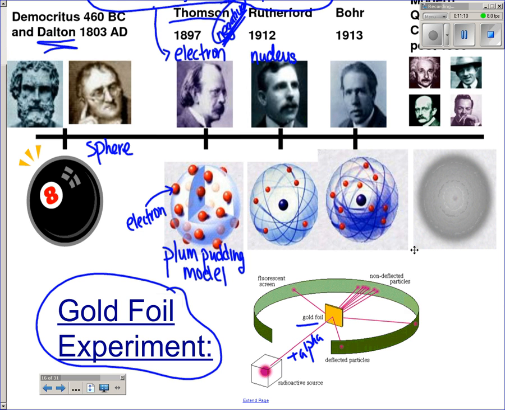Most of the particles went straight through the gold foil. This was his observation. So the ones that went straight through, if we think of this layer of gold foil as a layer of atoms, Rutherford said from this observation that the atom is mostly empty space.